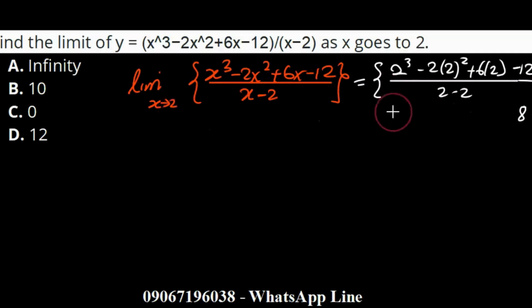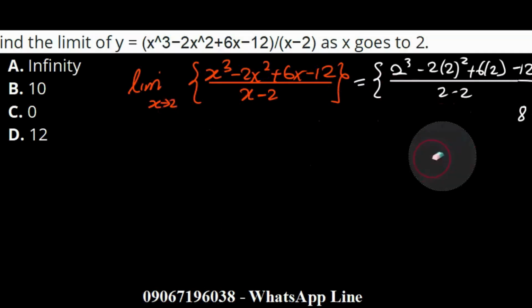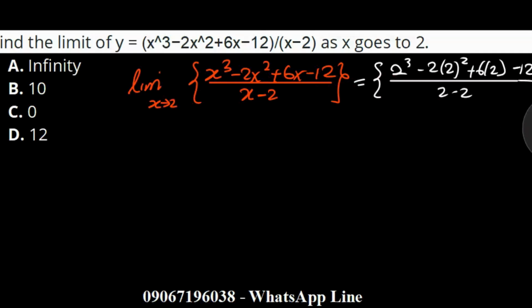Now it means that direct substitution is not going to work. Once you put in your limit and discover that you have 0 over 0, that is undefined, then you need to use the polynomial factorization method. So we have to factorize this. Using the factorization method, we're going to use the remainder theorem to divide this.